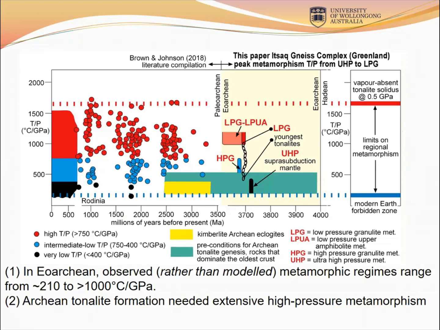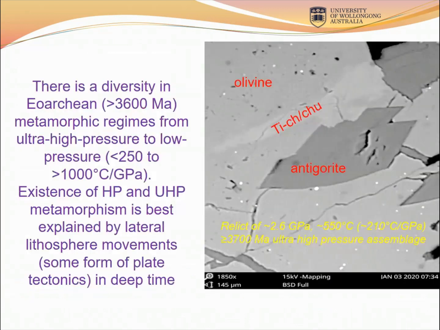They needed extensive high pressure metamorphism before the rocks started to melt. So there is a diversity of Eoarchean metamorphic range. Basically, the best way to explain this evidence, particularly the high pressure and ultra high pressure metamorphism, is that there were lateral lithosphere movements, in other words, some form of plate tectonics in deep time.